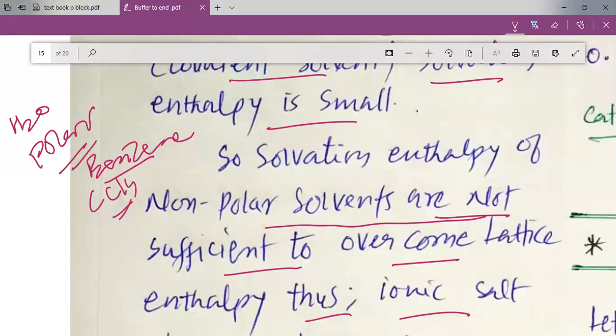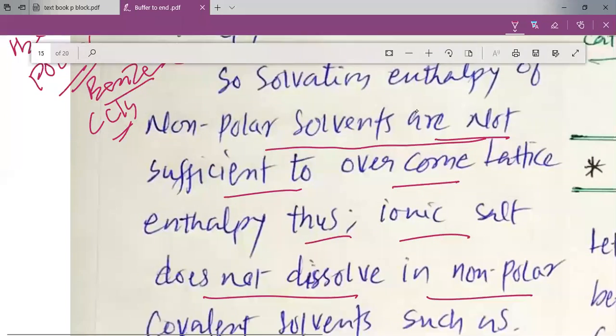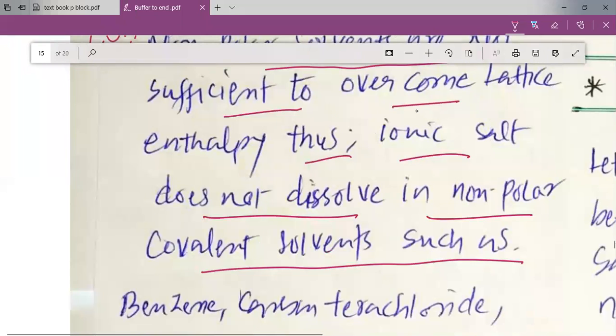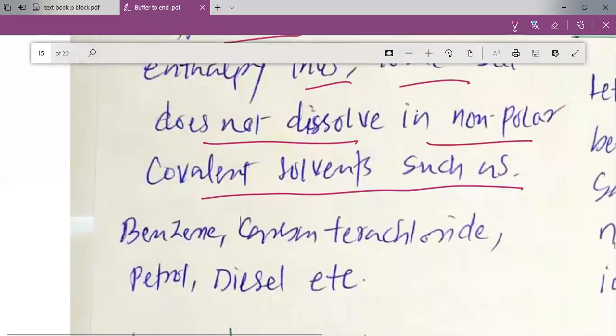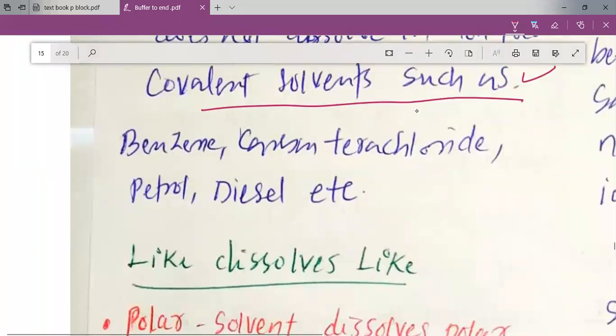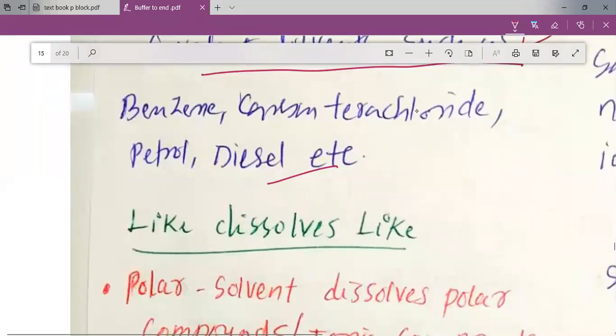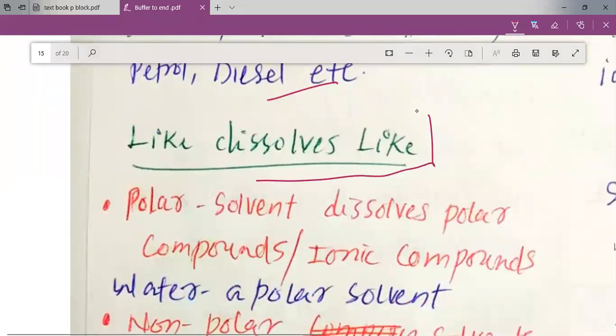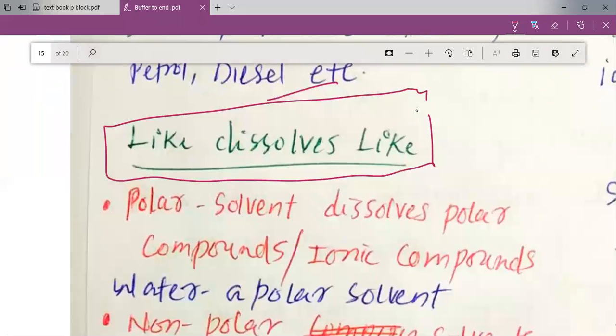So when we add ionic compounds into a non-polar solvent, these ionic compounds do not dissolve in the non-polar covalent solvent, such as benzene, carbon tetrachloride, petrol, diesel, etc. So we have a simple rule, my dear students, and the simple rule is like dissolves like.